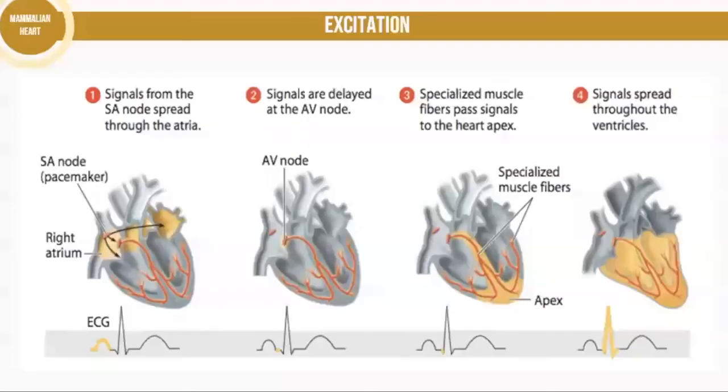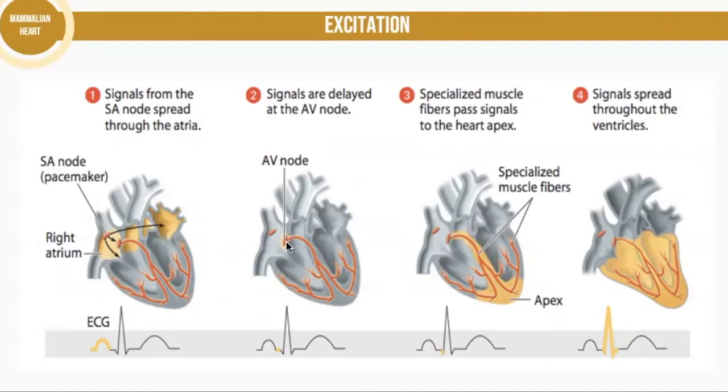Okay, as for the whole excitation process, we have here a summary of that process. First, you have signals from the SA node that will spread through the atrial chambers. Then these signals will first be delayed at the AV node.